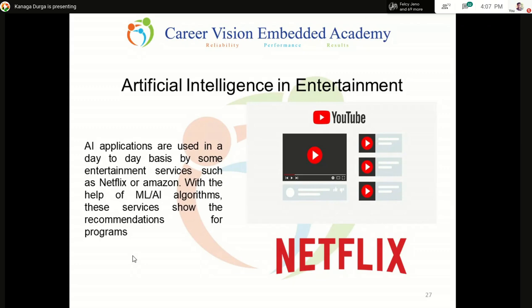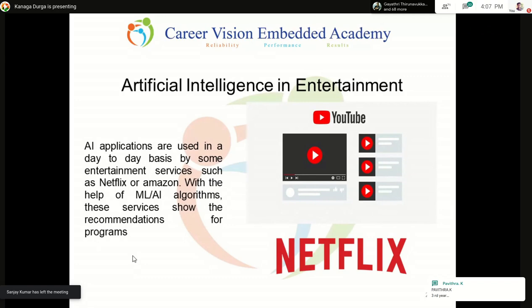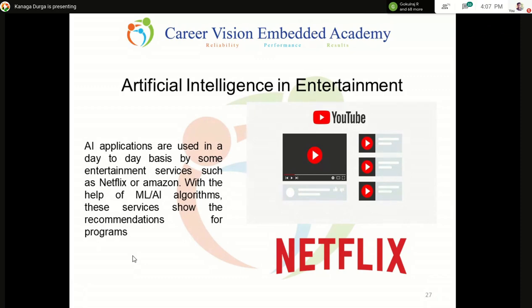Also, Netflix is capable of suggesting series or movies that are popular in your community, in your country, or in your state, or in your district. This is possible because all of our accounts are linked.